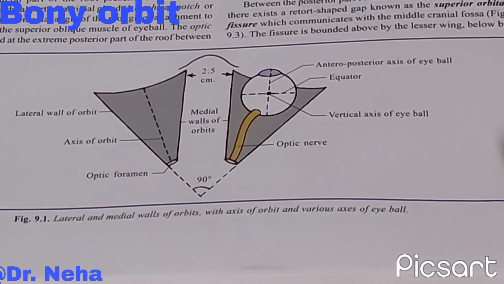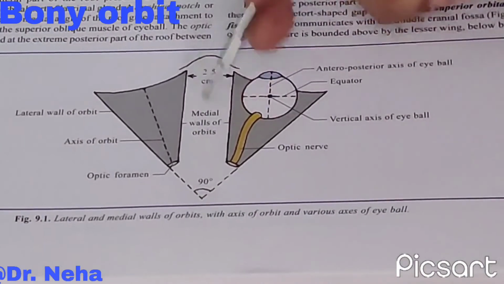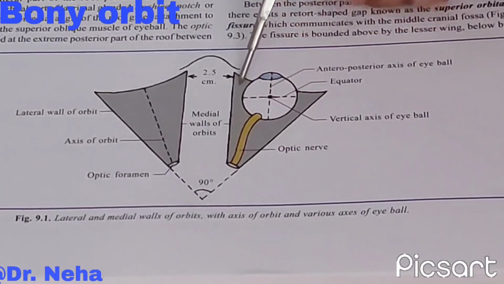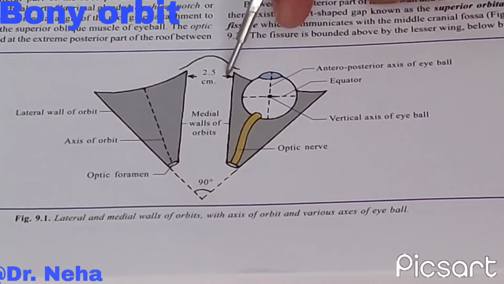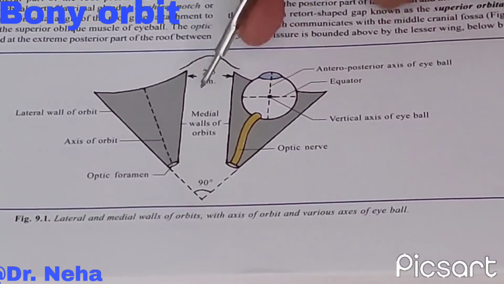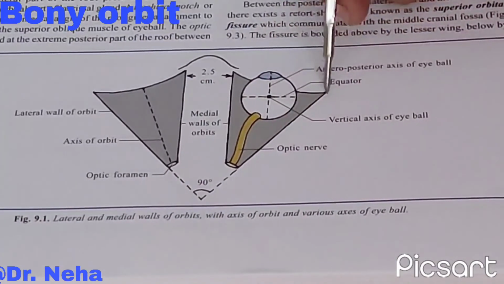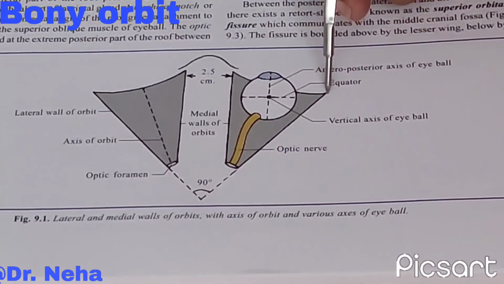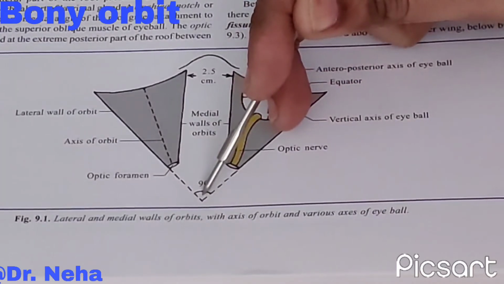Now one more important thing you should know about the bony orbit is that the medial walls of the bony orbits are parallel and lie about 2.5 cm apart. They are separated by the nasal cavities. The lateral walls slope backwards and medially and meet each other at a right angle.